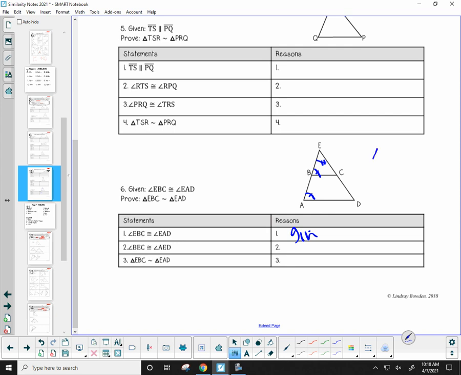So that top little triangle, that EBC, we've marked these two angles. For the bigger triangle, EAD, we've marked those same angles again. So that's why it's angle. Is that okay? Yeah. Okay, that's all right. Other questions?